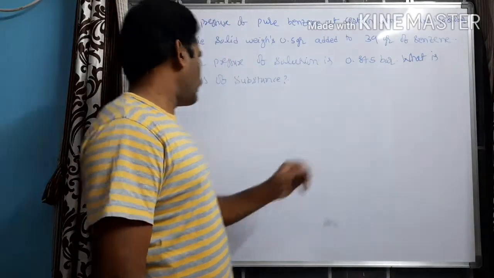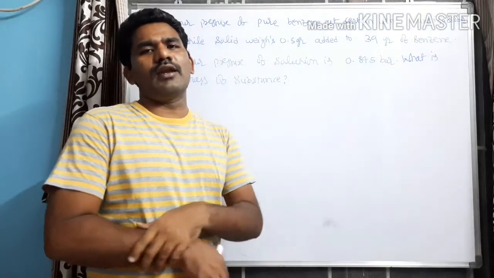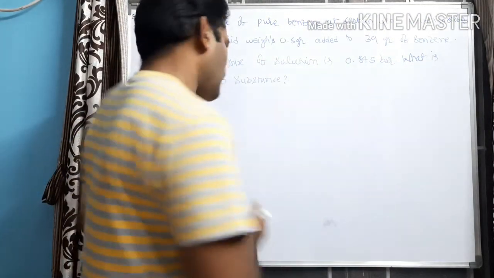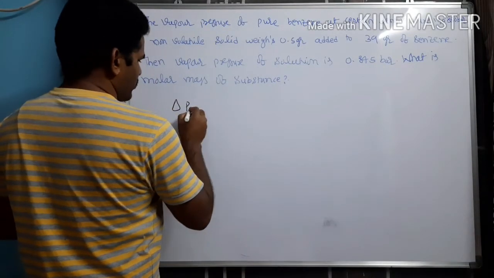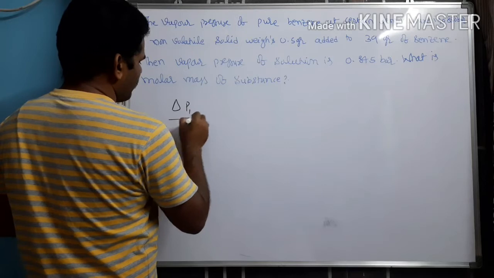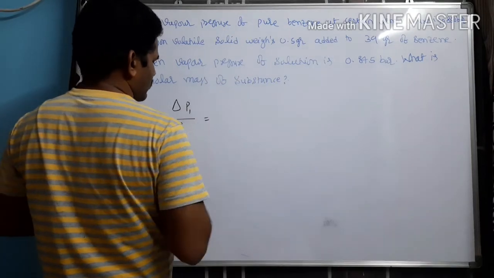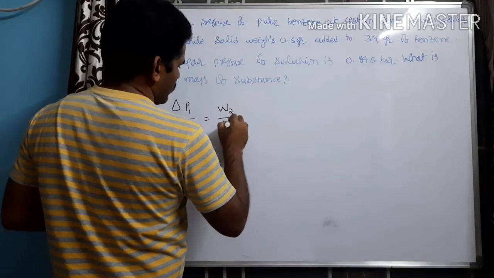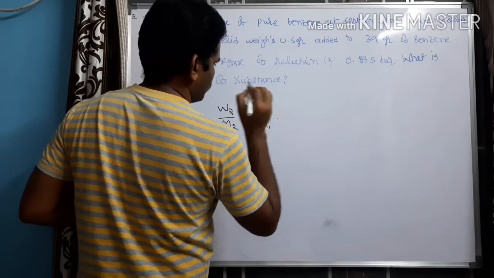He is asking for the molar mass of the substance. From the relative lowering of vapor pressure, delta P1 by P1 naught is equal to W2 by M2 into M1 by W1.